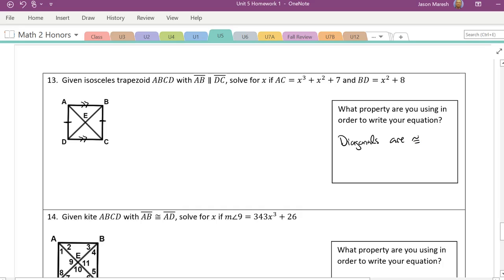Rectangles and isosceles trapezoids are the only two shapes that have that property, that diagonals are congruent, out of the shapes that we're studying. Okay, so I can say that AC, the distance from A to C, is equal to the distance from B to D. So x to the third plus x squared plus 7 equals x squared plus 8.